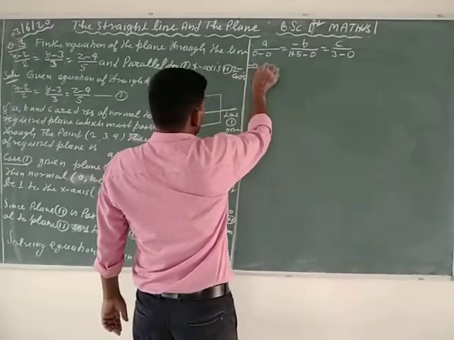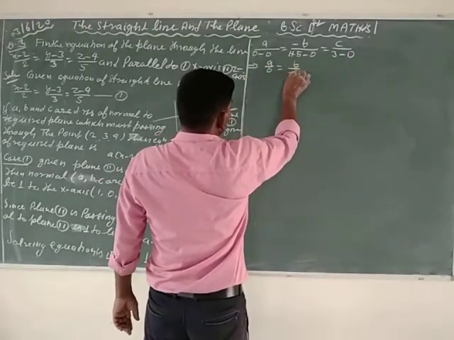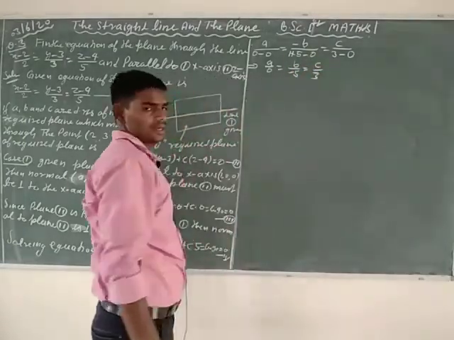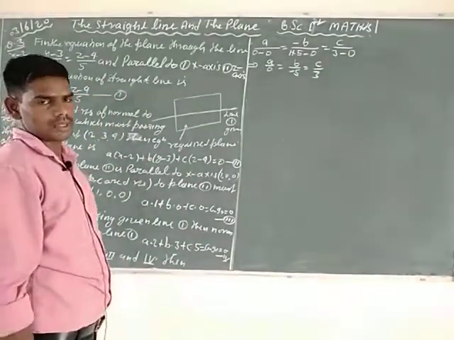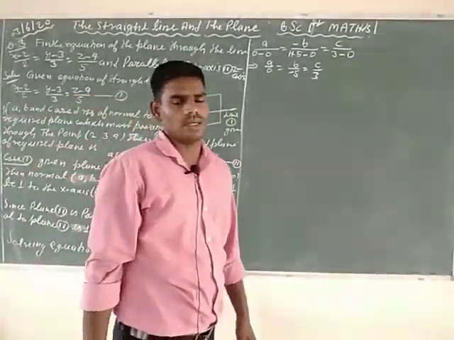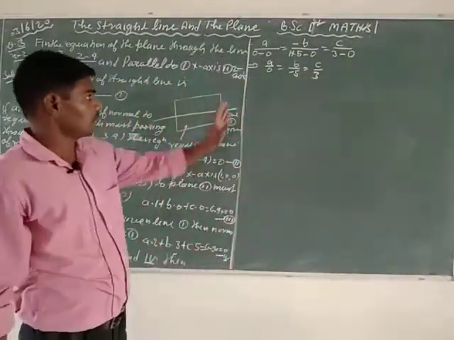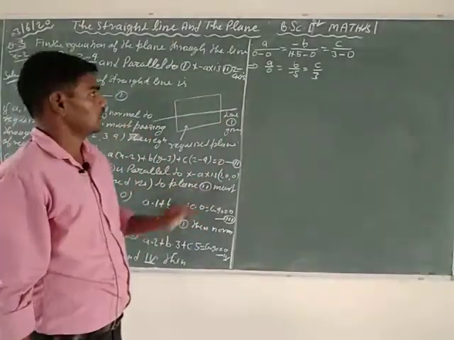Solving this, A by 0, B by minus 5 and C by 3 is the required value of the unknowns A, B, C with the help of the cross multiplication rule, which you already learned in high school and inter classes. So the value of A, B, C, the unknowns in equation second, is clear.